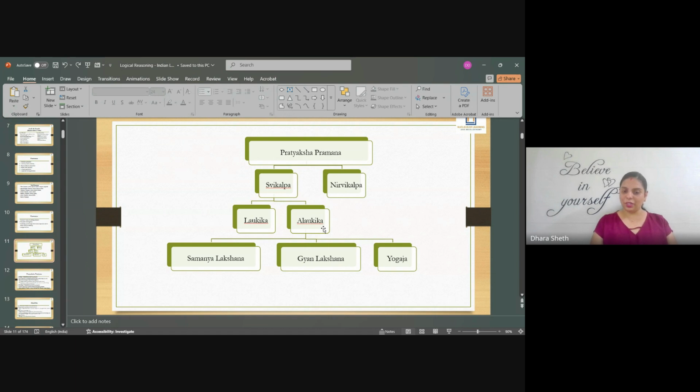But when you perceive it for the first time, based on general properties, universal properties of classes, you can perceive it, or you have knowledge about it, that is why you perceive it, or based on intuition, you perceive it. That is yogaj. This is the entire theory of Pratyaksh Praman.